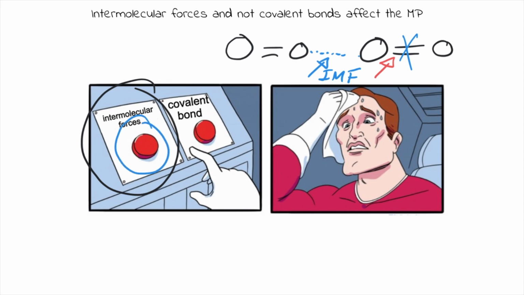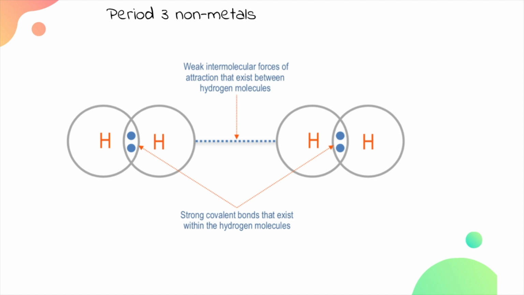It has to do with those weak intermolecular forces. For instance, hydrogen has a very low boiling point because the intermolecular force here is really weak. So it takes a minor amount of heat energy to break that intermolecular force, and that explains why all nonmetals have very, very low boiling points.